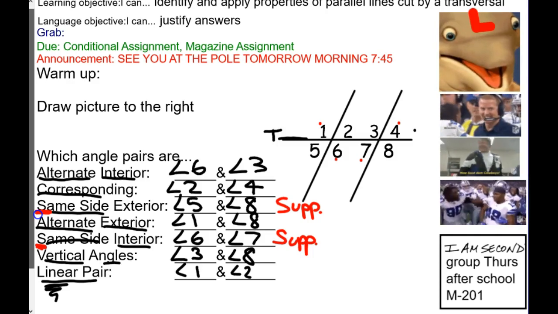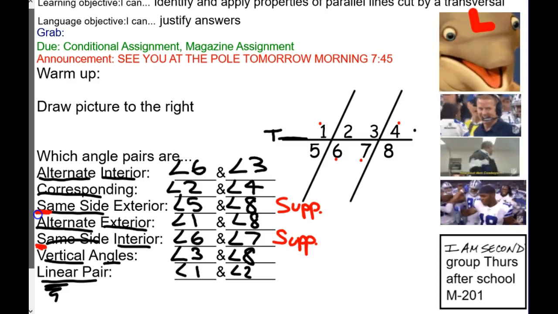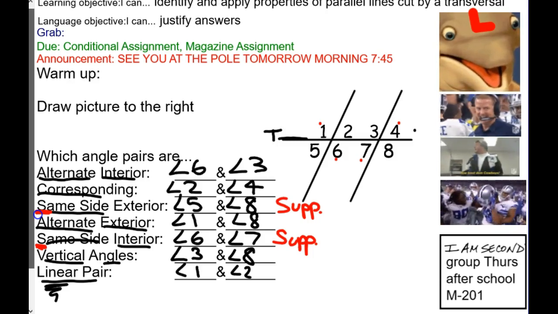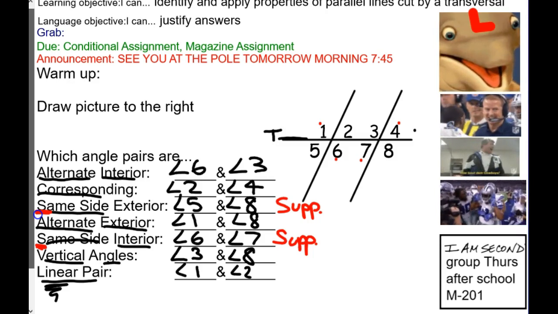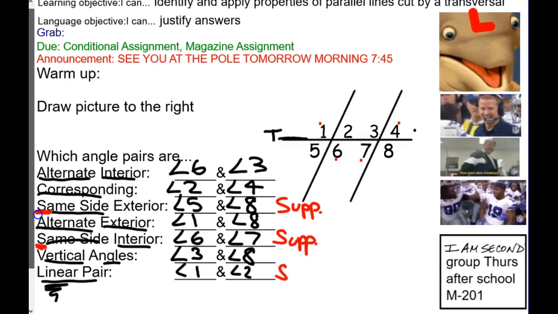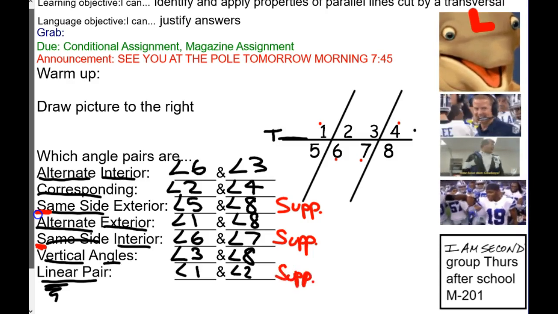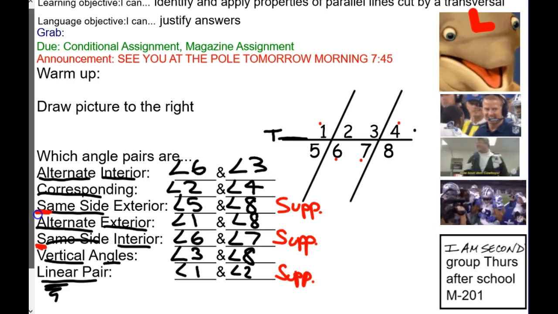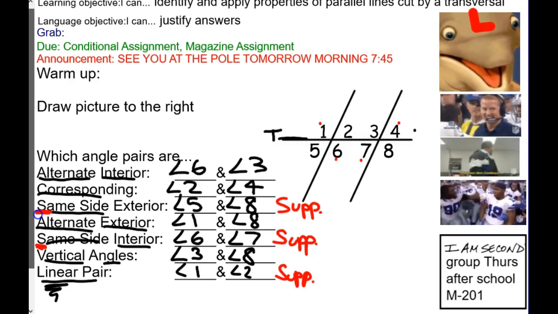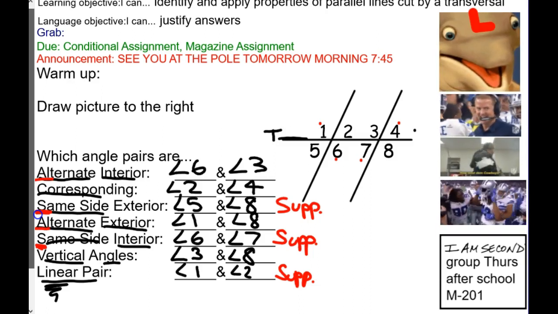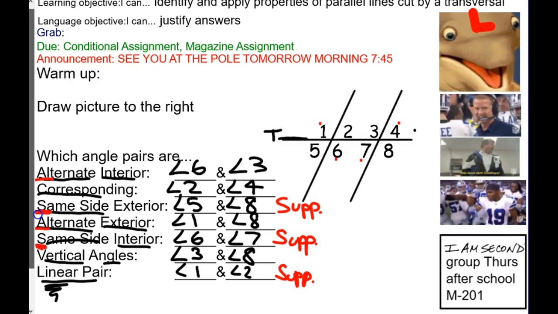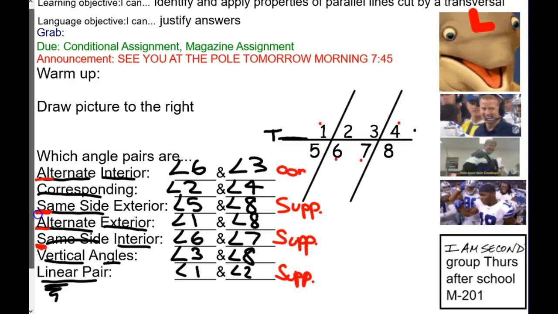Okay? Real quick, vertical angles and linear pair. Which one of these is supplementary? Linear makes a line. Line is 180. So that one's also supplementary, right? Now the rest of these, we talked about yesterday, are congruent. The alternates are congruent. That's not alliteration. You just remember that. Alternate interior is congruent.